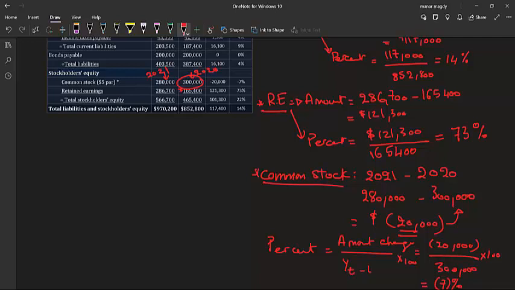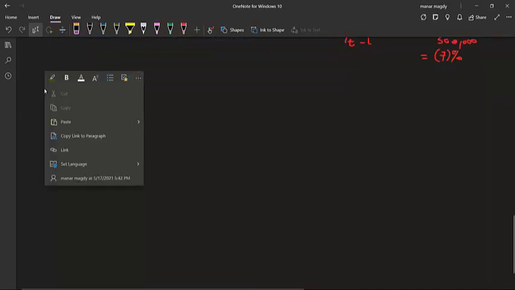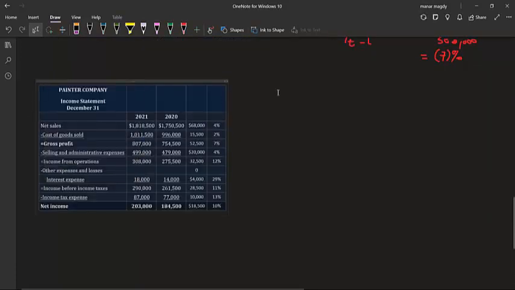This means that common stock decreased from $300,000 in year 2020 by 7%, so it reached in year 2021 a value of 280,000. Let's do the horizontal analysis for the income statement.